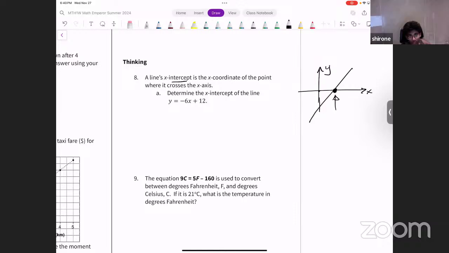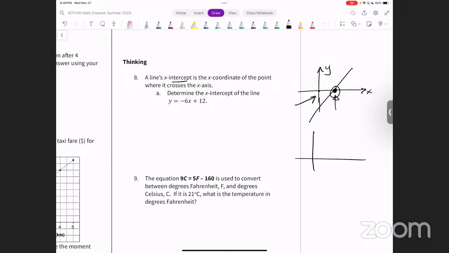Shreya, what is the y-coordinate of a point on the x-axis? If I have a point on the x-axis, let me mark the point. So this is 1, this is 2, this is 3, this is 4. I'm going to mark a couple of points. Shreya, can you read the point?